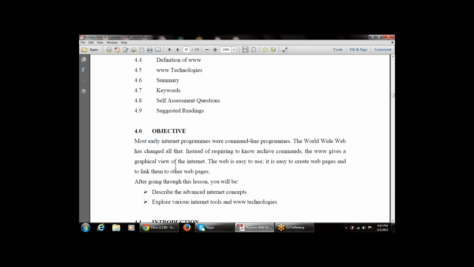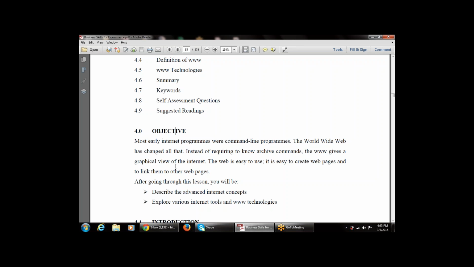Instead of requiring you to know Archie commands, the WWW gives a graphical view of the internet. Prior to this, traditional websites used command line programs based on DOS, where only the keyboard is used.